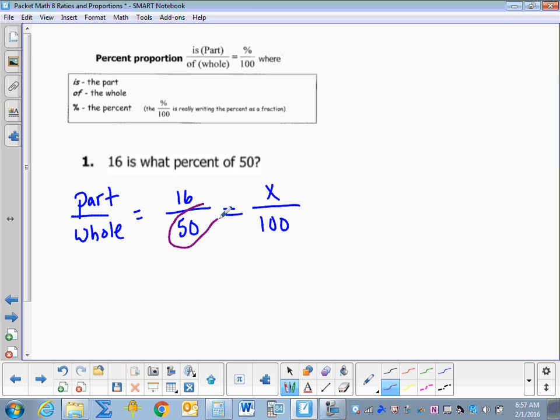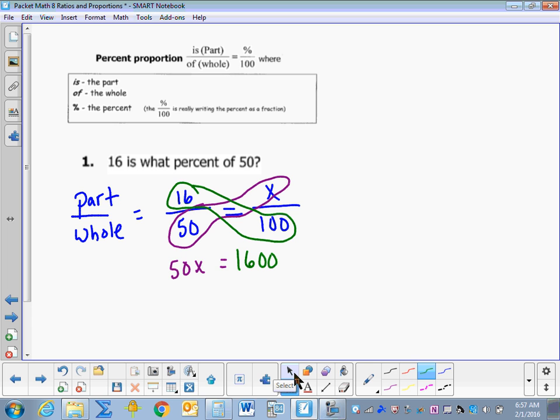One way to solve this is to cross multiply. 50 times x is 50x, and 16 times 100 is 1600. Now I'm going to divide by 50.